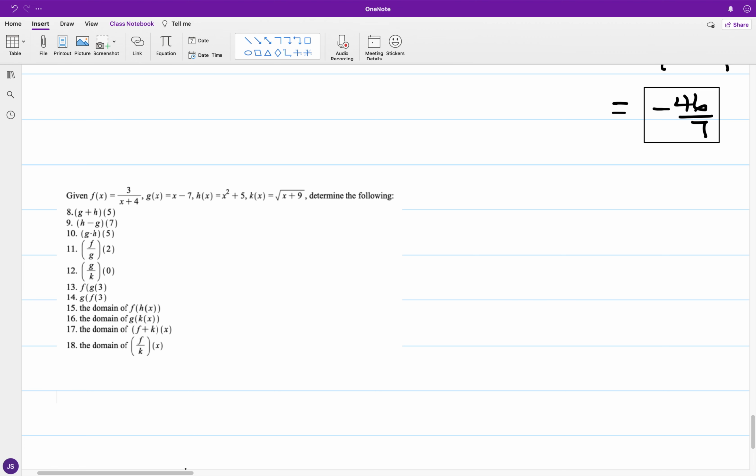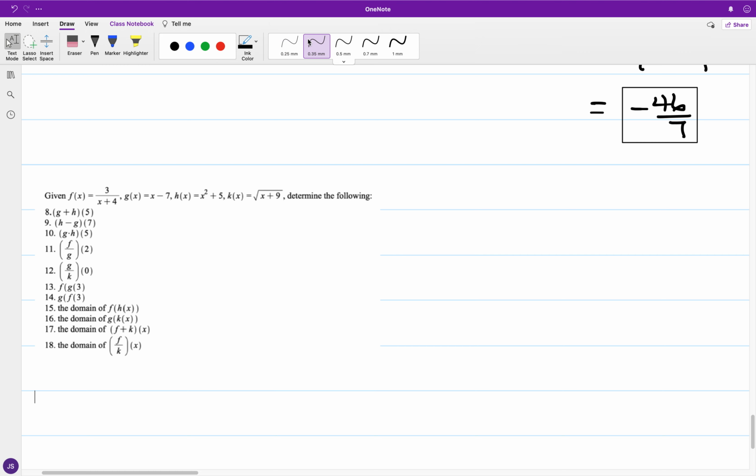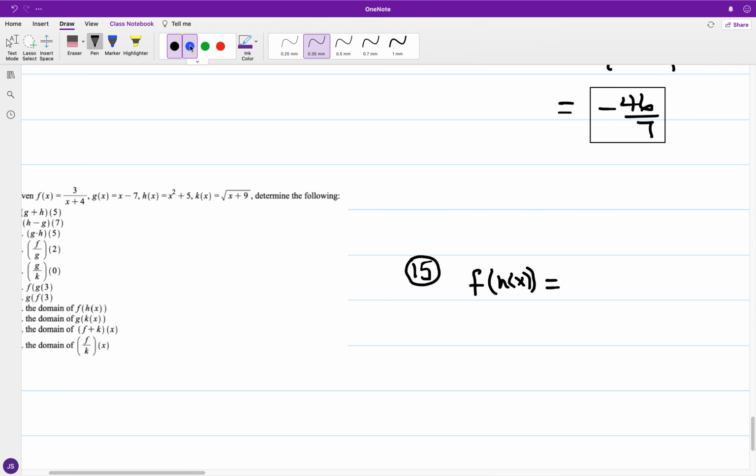Looking into what we have with domain, for f composed with h of x, we have our input at h of x. So with f of h of x, we'll operate in line with f of x, which is 3 over x plus 4.